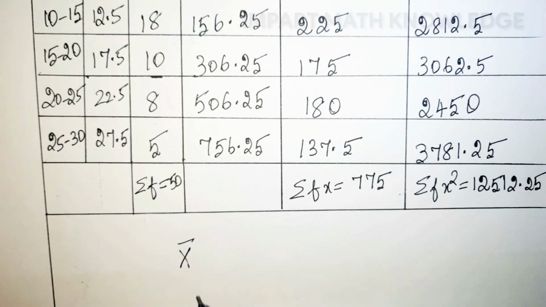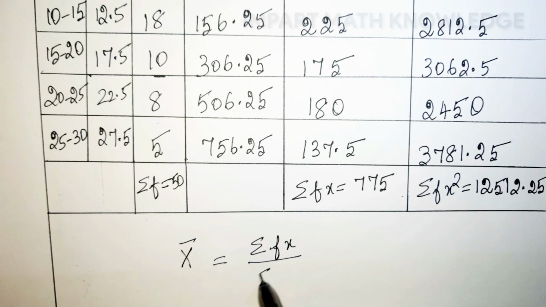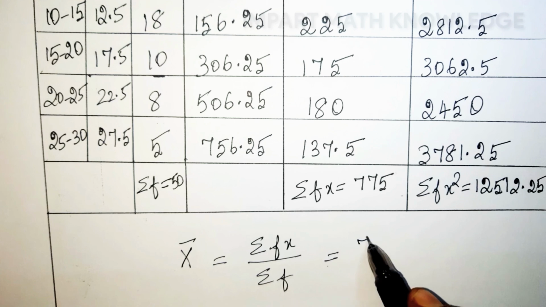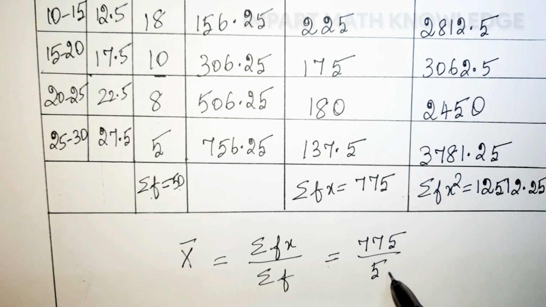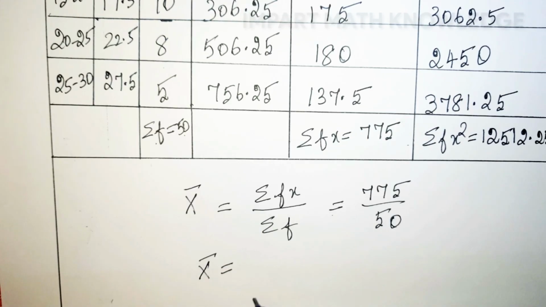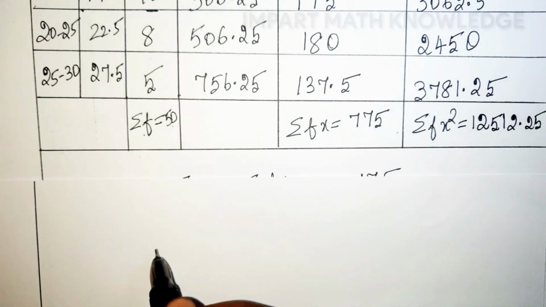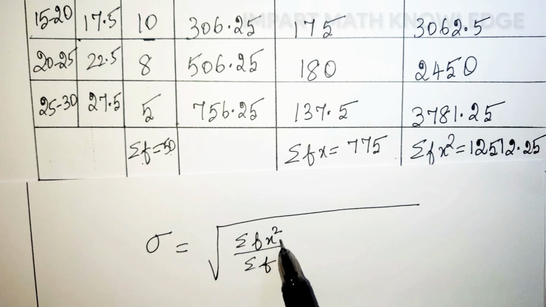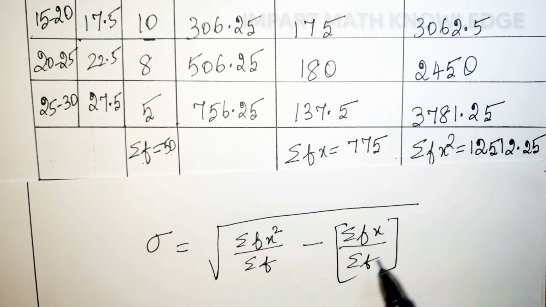Now we can find x bar. This is equal to sigma fx by sigma f, where sigma fx is equal to 775, sigma f is equal to 50. Therefore, x bar is equal to 15.5. Standard deviation sigma is equal to the square root of sigma fx squared by sigma f minus sigma fx by sigma f whole square.